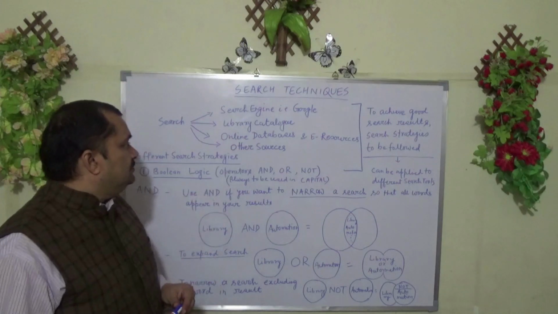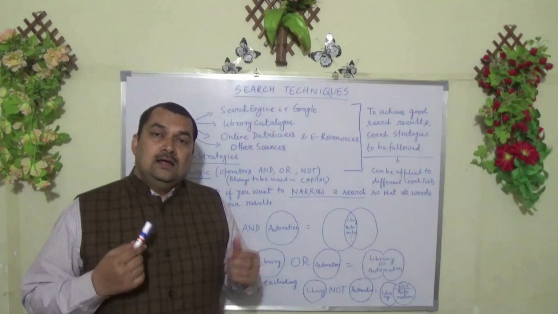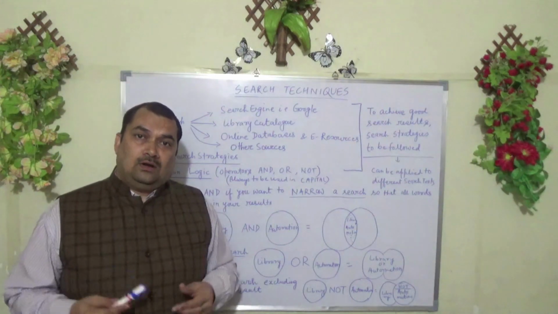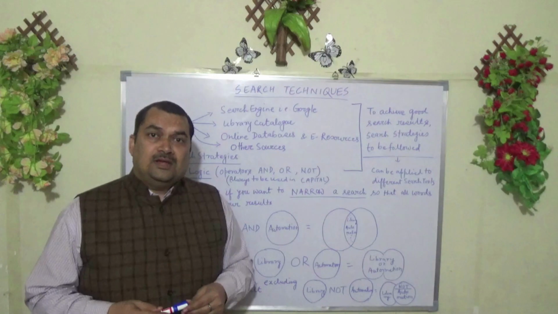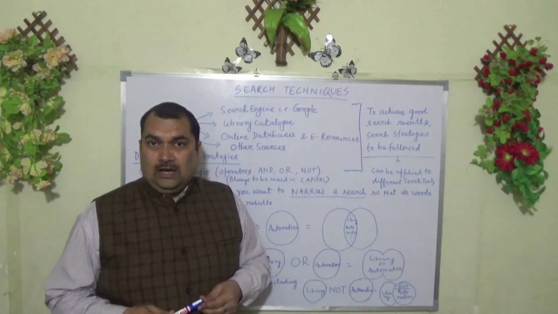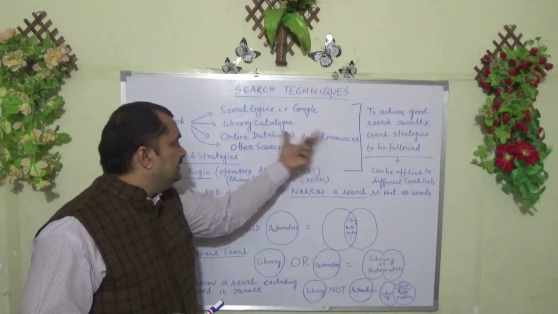And then we approach the online databases, or online resources. There are many online databases where we have information; we only need to know about them and get that information.